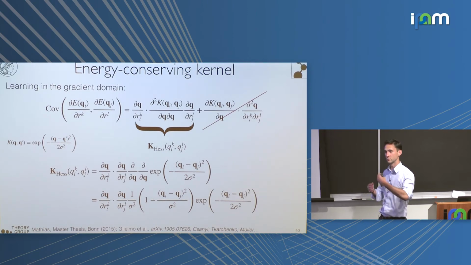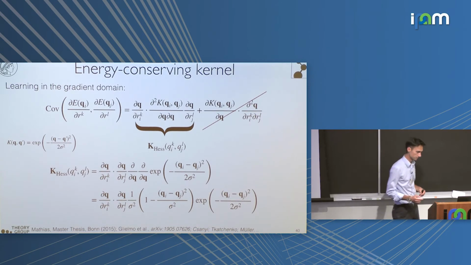It just comes along for the ride as a result of this derivation, but it doesn't actually ensure energy conservation, so it's not something very useful to encode. People haven't been using it, at least I haven't seen any paper where they've used it.